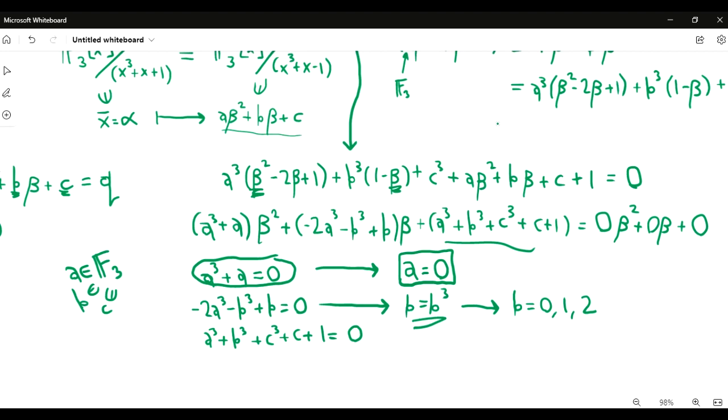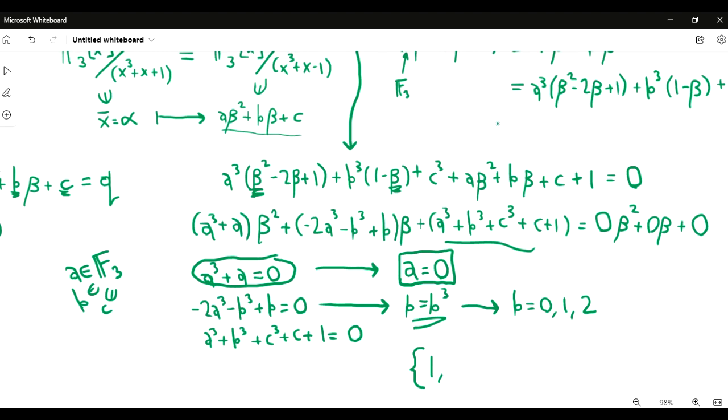So the solutions that you end up getting are, let's see if I can remember. If B is equal to 0, I think that tells us that C needs to be equal to 1. So that means that alpha is being mapped to 1.